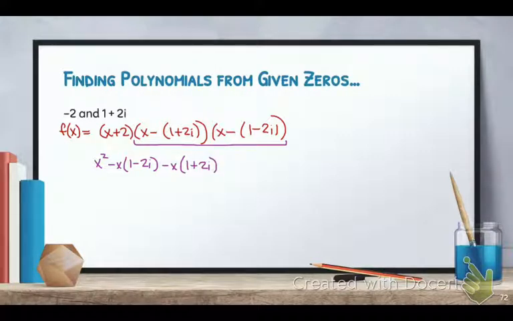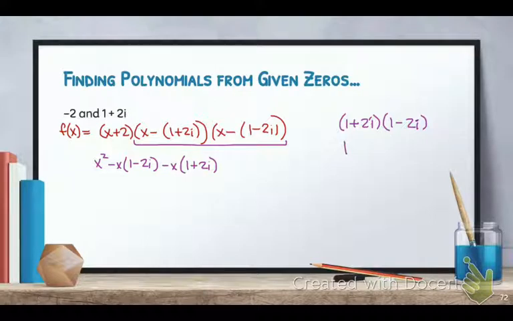Then we have (1 plus 2i) times (1 minus 2i), so let's do that to the side real quick. You'll see again why we want the positive and the negative of that 2i.